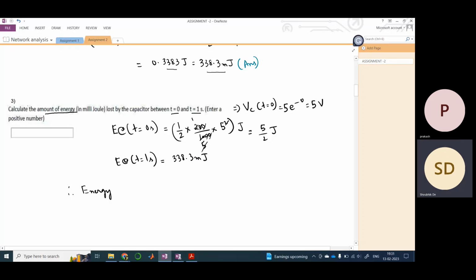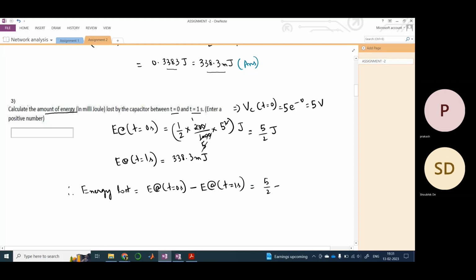Energy lost equals energy at t equals 0 second minus energy at t equals 1 second. So this is 5 by 2 minus 0.3383 joule, which is 2.5 minus 0.3383 joule.